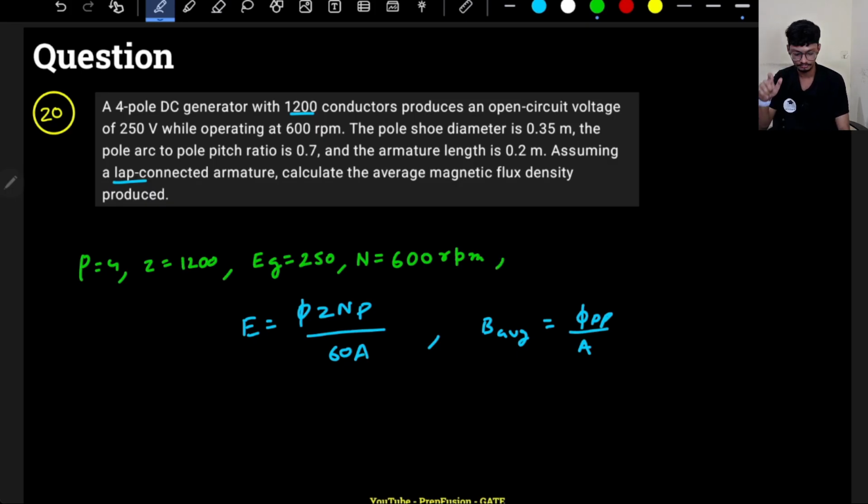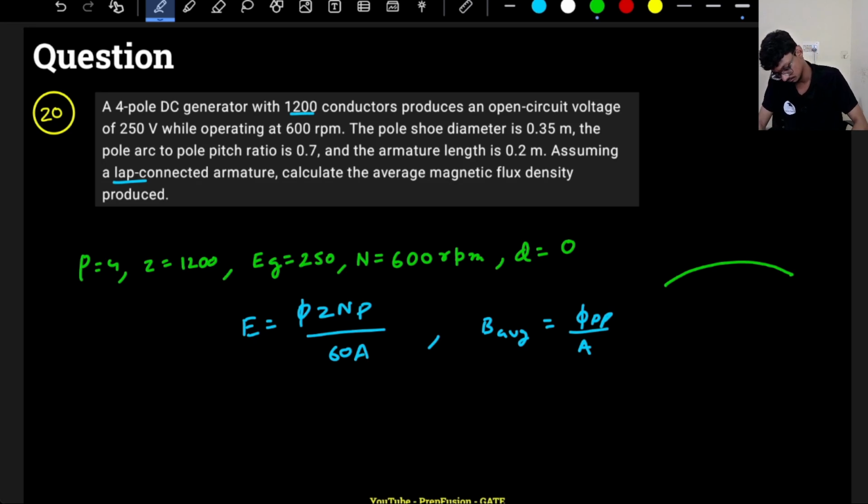They are telling us the pole shoe diameter. What do they mean by pole shoe diameter? I guess they mean from the center of the armature, what is the diameter? So this D is actually not the pole shoe diameter. This should have been the armature diameter.